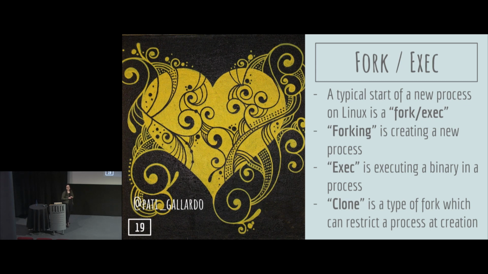Clone is similar to fork, and actually very often clone is how fork is implemented. But it takes a lot of arguments, and it behaves in a little bit of an interesting way. It gives you a very high degree of control over this new thing that you create. Clone is so powerful that it's used for many different things. For example, if you want to make a thread on Linux, it actually uses clone.